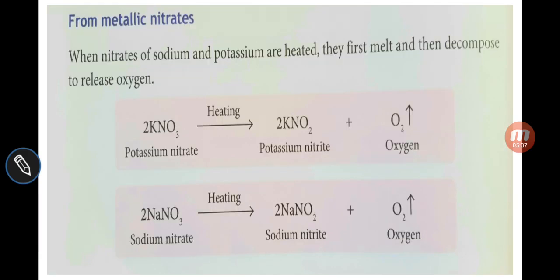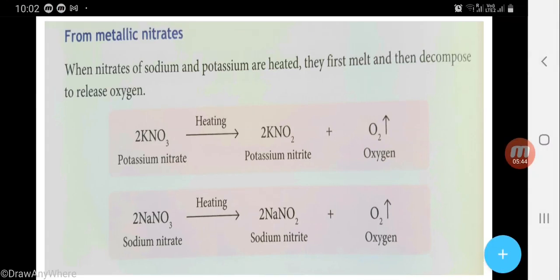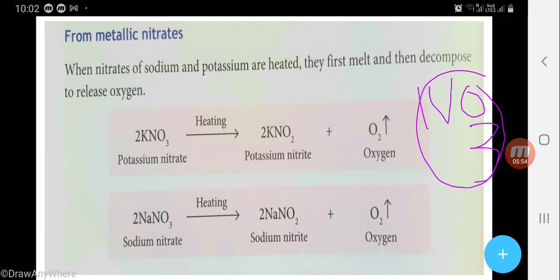Now the next method is from metallic nitrates. From metallic nitrates, you can see, what is a nitrate? NO3 is there. Nitrate. So when nitrate of sodium and potassium are heated, I think I have made you understand the difference between nitrate and nitrite. When NO2 is there, means there is less oxygen, that is called nitrite, and when NO3 is there, that is called nitrate.